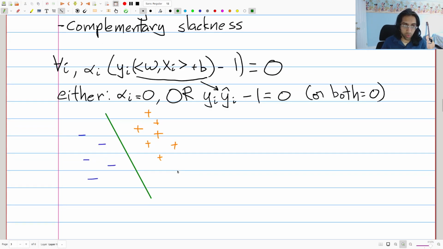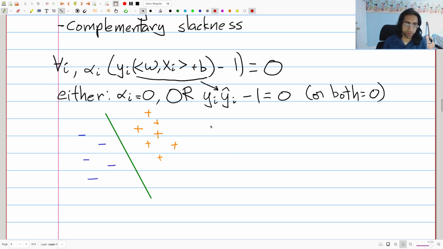And what does it mean by this 1 minus yi hat equals 0? Well, recall that we're going to have some sort of margin. This margin is a distance from the line to the nearest point. So we can even draw what the margins are going to look like with some other colors. Let's draw it in red, perhaps.